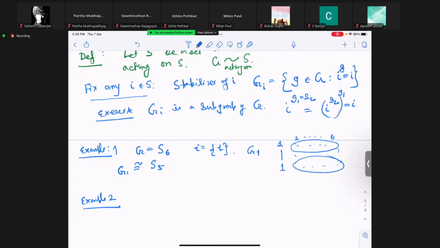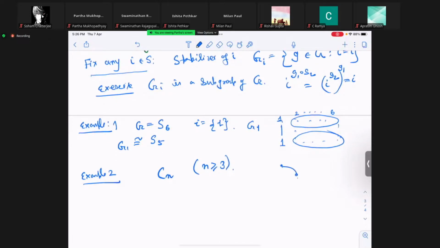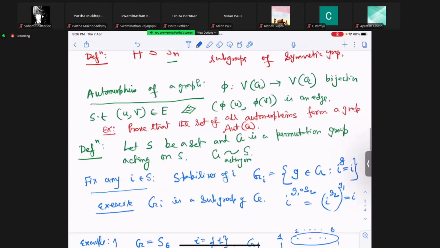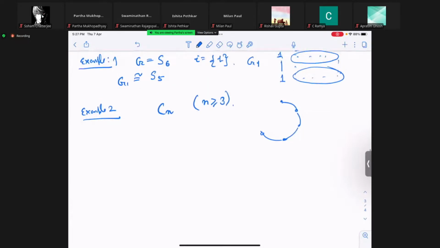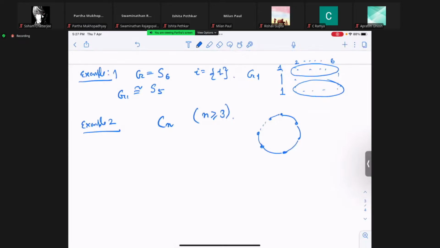Okay, so if you take a cycle C_n on n vertices, where n is at least 3, look at some vertex i.